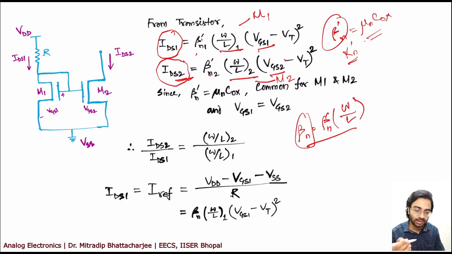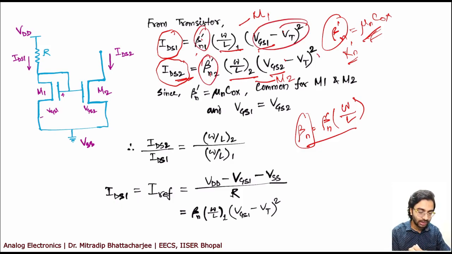It is a technology parameter. Mu n Cox for any NMOS will be the same for the same technology, right? So these terms will get cancelled because VGS1 is equal to VGS2. So this ratio IDS2 by IDS1 will be the ratio of W by L2 by W by L1. And what does that mean?